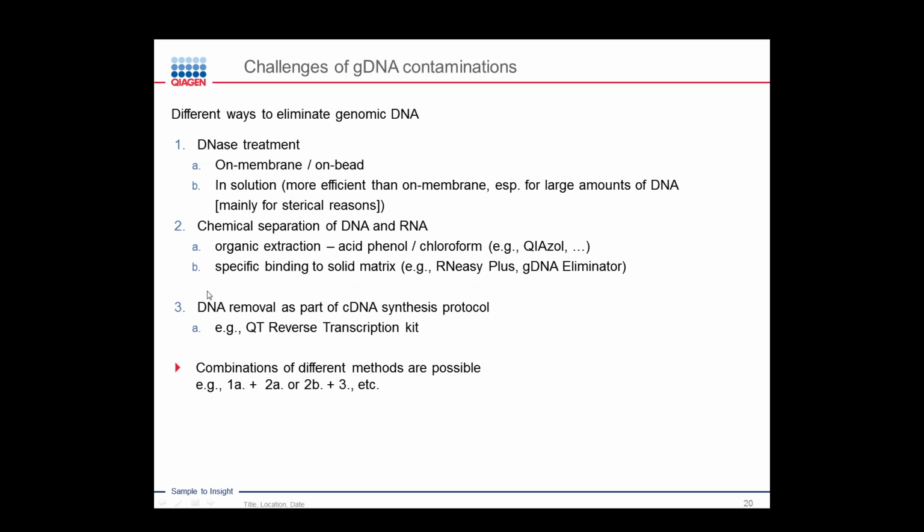The third method for genomic DNA removal can be a built-in step, for instance in the cDNA synthesis protocol, as we offer in the QuantiTect reverse transcription kit. However, combinations of the mentioned different methods are also possible. An example for the efficient gDNA depletion will be shown on the next slide.